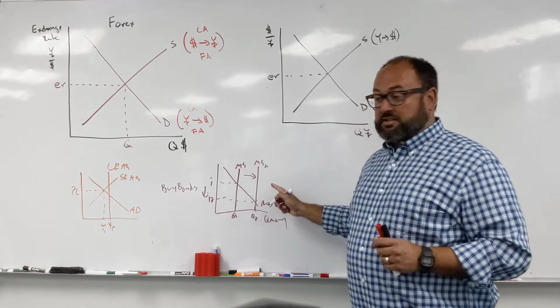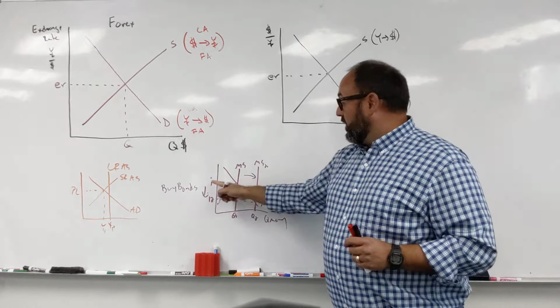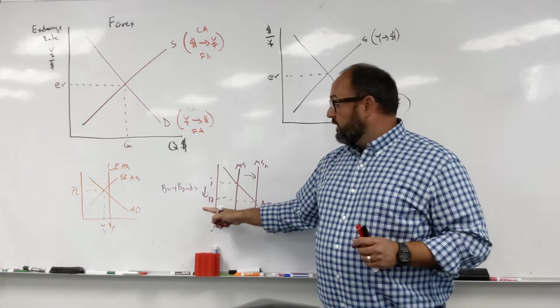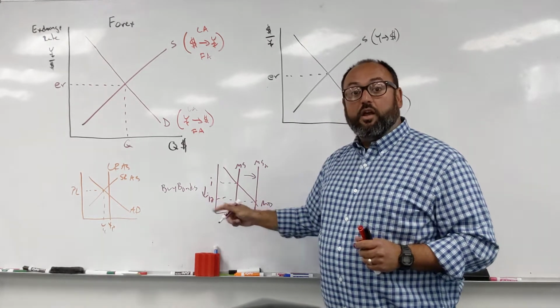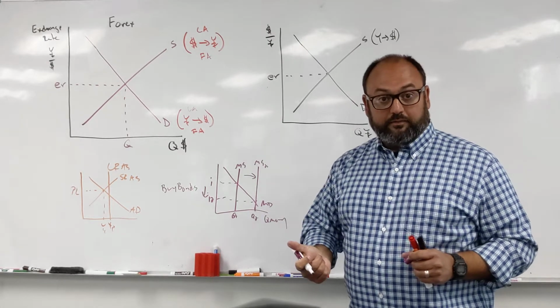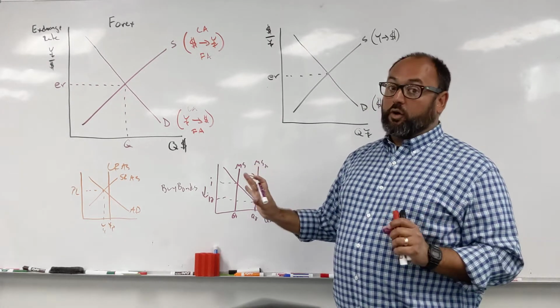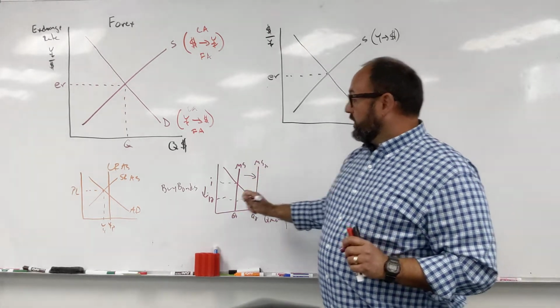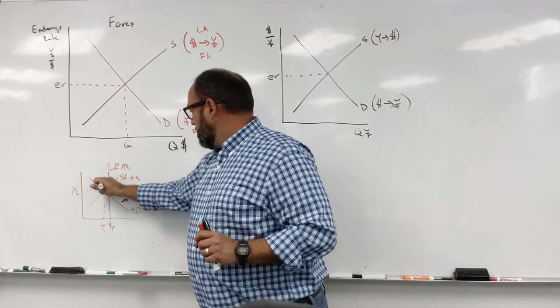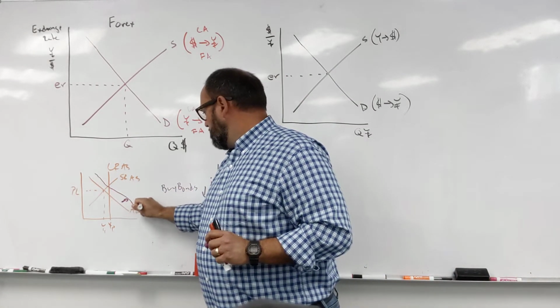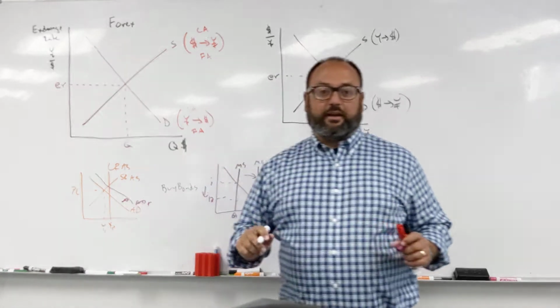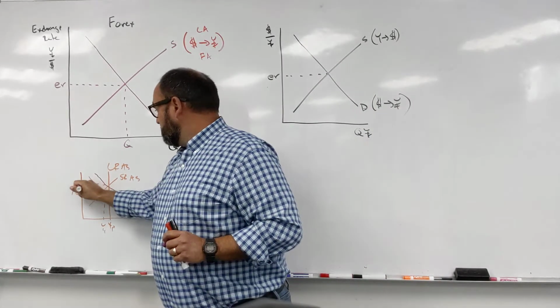So we've increased the money supply by buying bonds, thereby lowering the nominal interest rate. And when we lower the nominal interest rate, we've lowered the cost of borrowing, but we're not going to go any further than that right now. We do know that that is intended to increase aggregate demand by lowering the cost of borrowing.